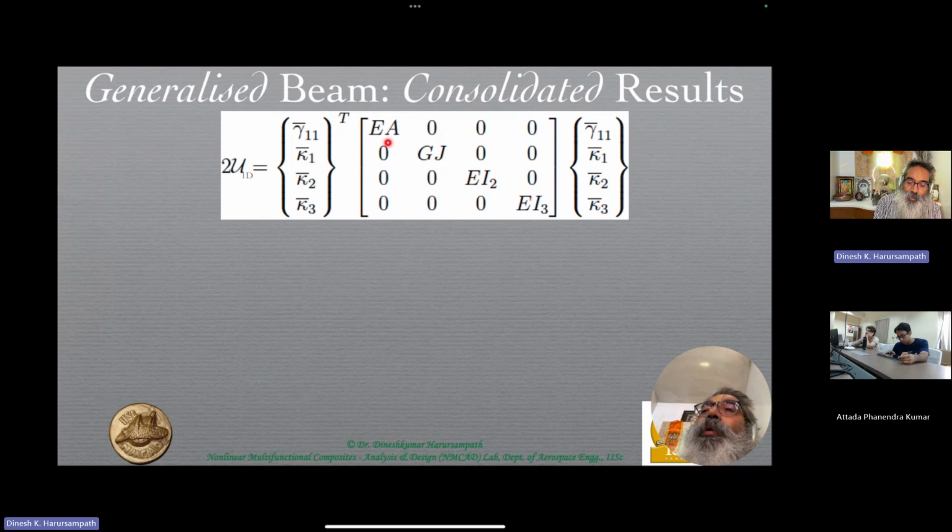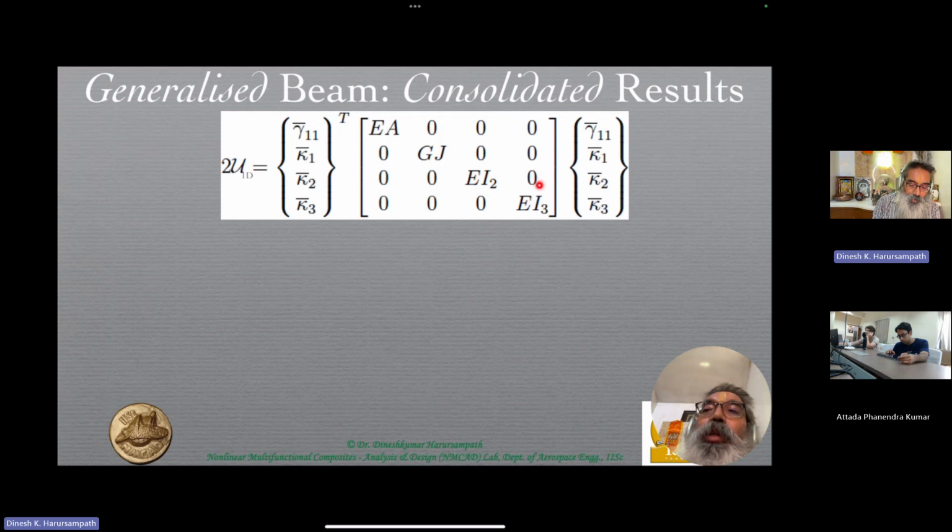But in reality, these also will be present, not only for composites, but even metallic beams. You will see some cases where you will have couplings coming up, depending upon the geometric complications that are there, and or because of initial curvatures or initial twist, etc. Some of these can become non-zero in a metallic beam.